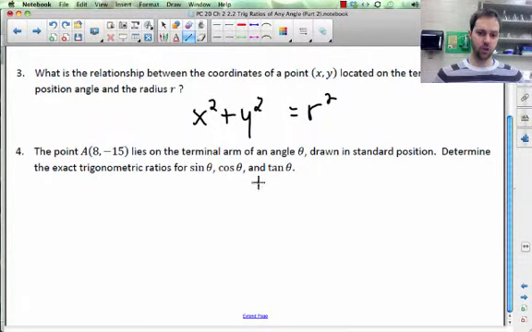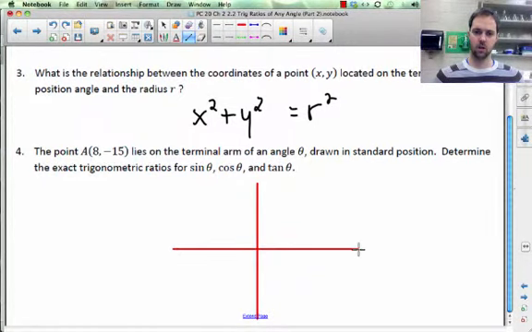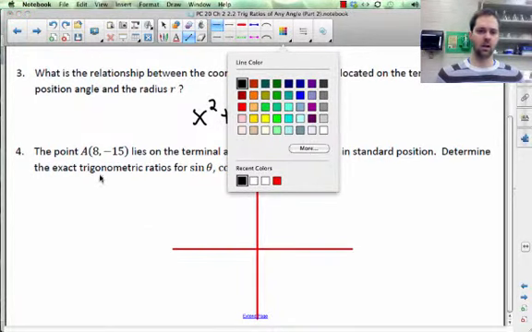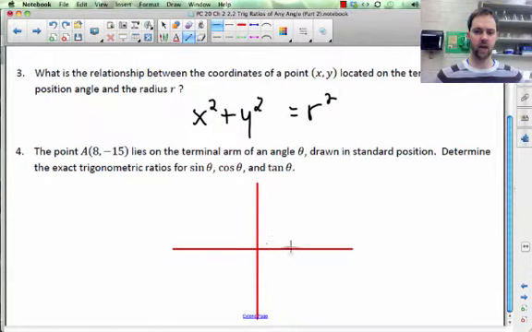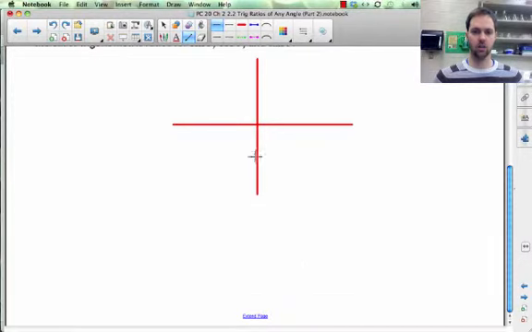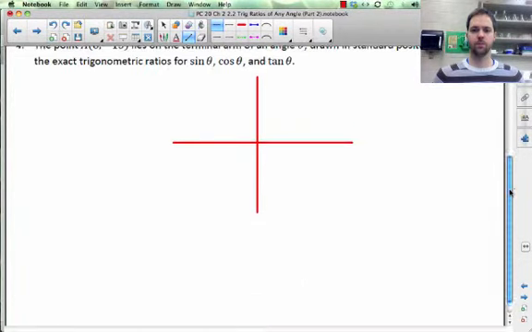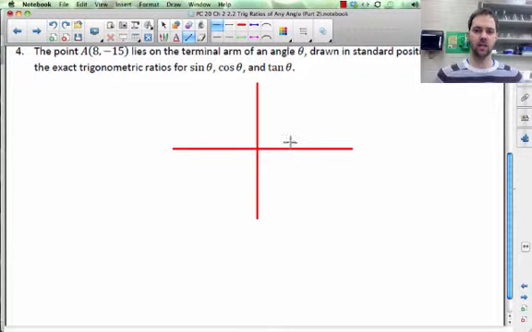Determine the exact trig ratios for sine, cos, and tan. So let's take a look at this angle in standard position. 8 and minus 15. Okay, so 8 is positive, and that's in the x direction. Minus 15 is negative, and that is in the y direction. So we go positive 8, let's say it puts us right about here.